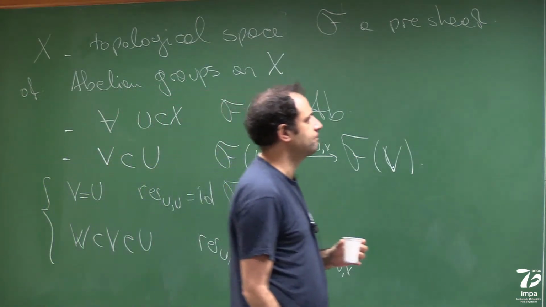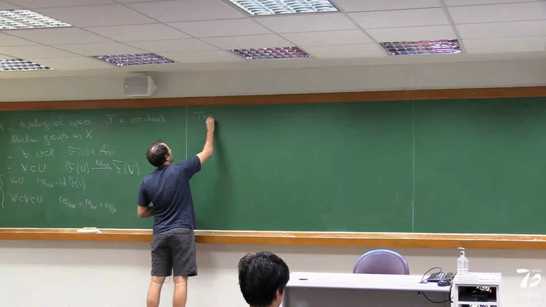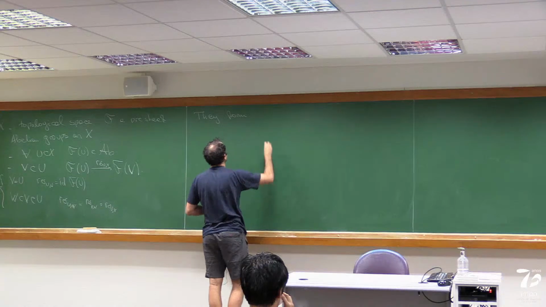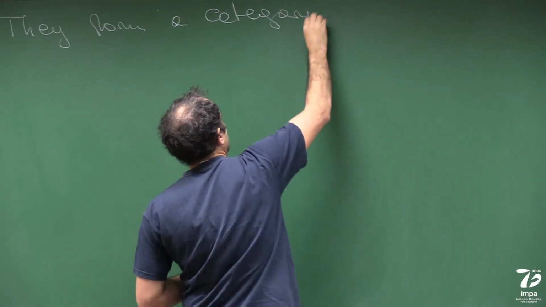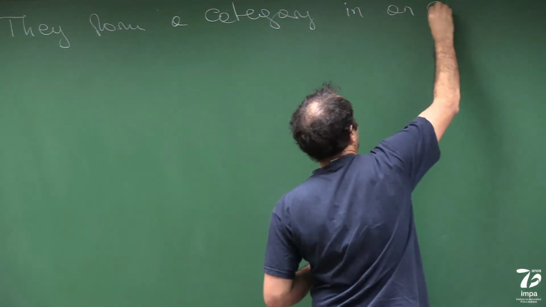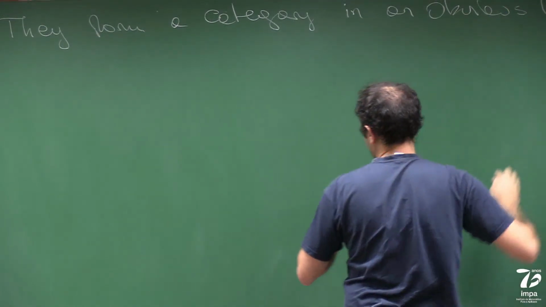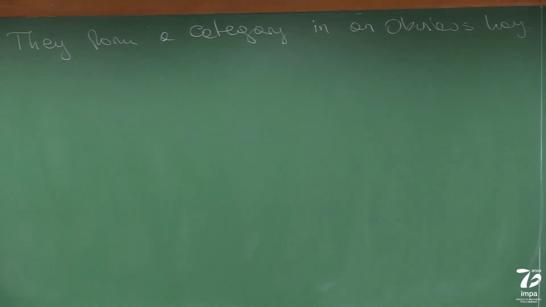And they form a category, a category in a trivial way, and even an abelian category in an obvious way. So they form the category of presheaves of abelian groups on the given topological space X.